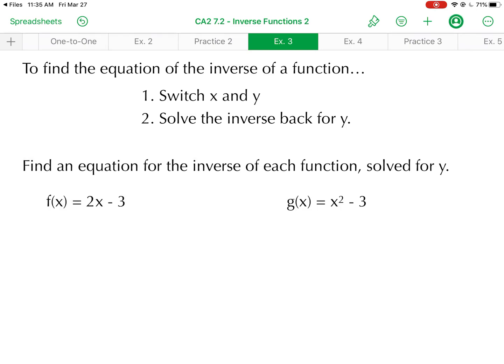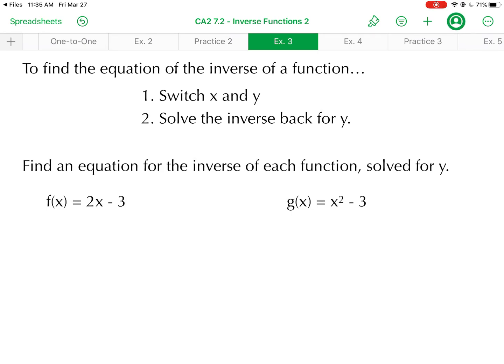So if I am trying to find the equation for the inverse of a function, all I really have to do is switch the x and the y coordinate within my equation, and then I want to solve that back for y. We always like our equations to be solved for y so that y is the dependent variable and x is the independent variable.